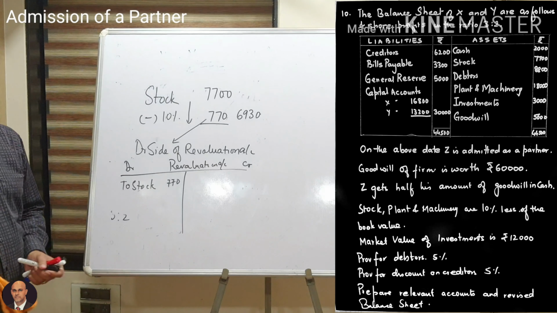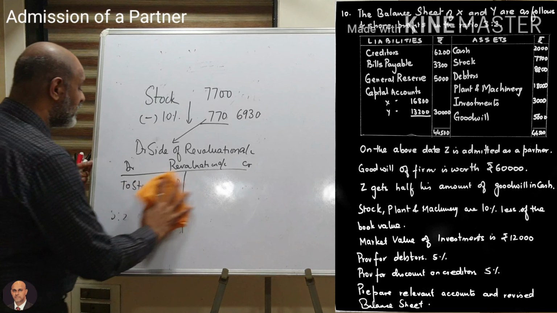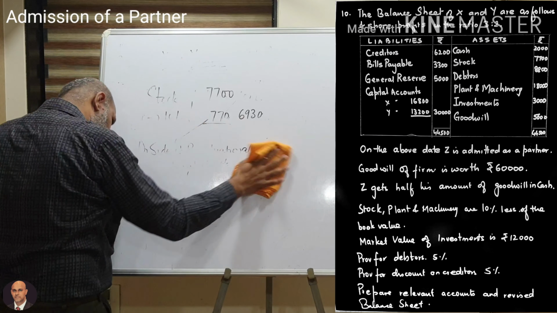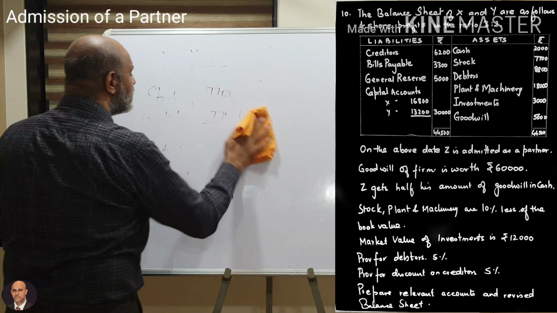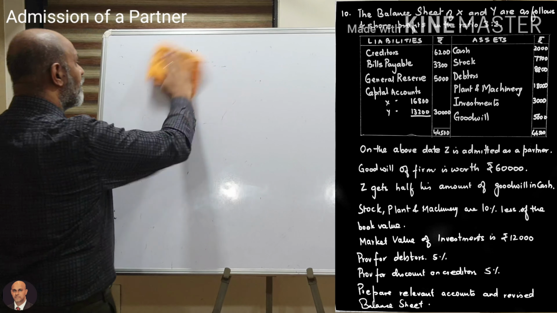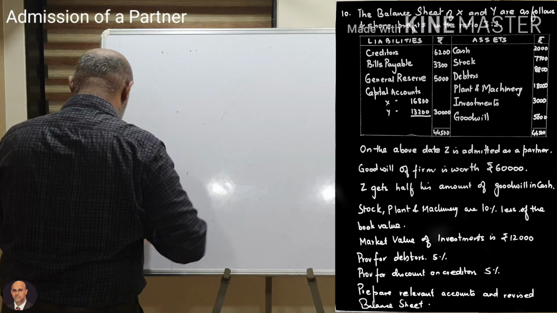Now they have given the market value of investment is 12,000. Okay, the value of investments, if you see in the sum, is 3,000 rupees.